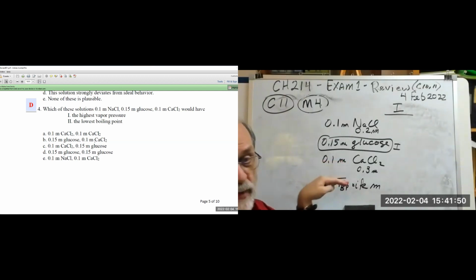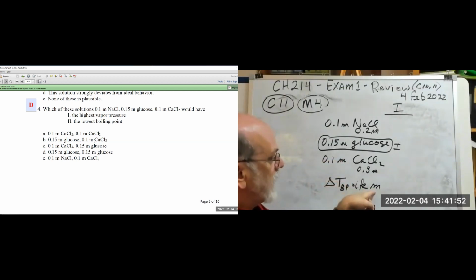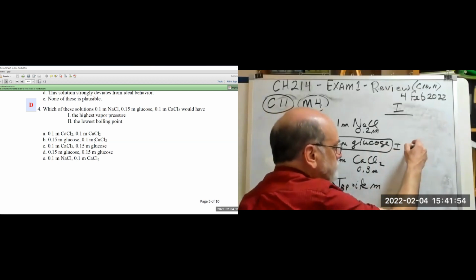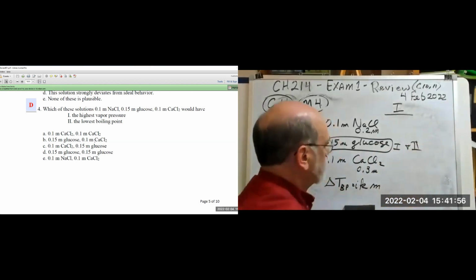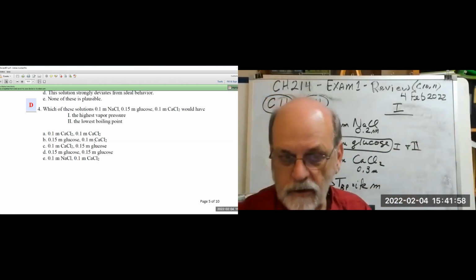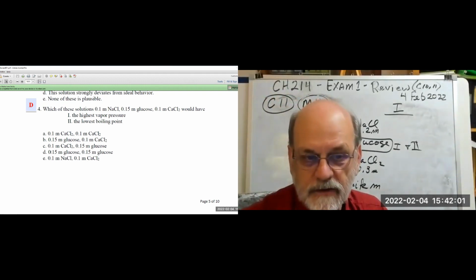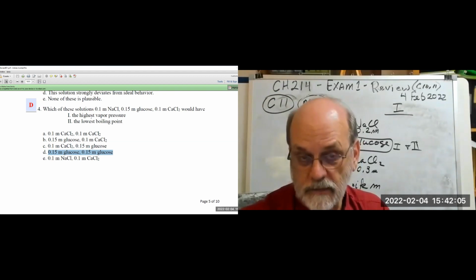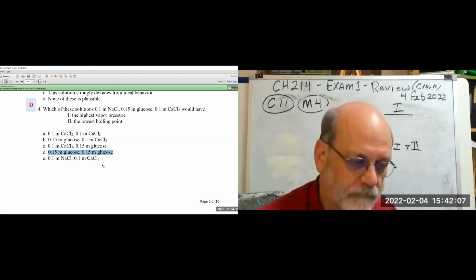So we want the lowest boiling point. That means we want the lowest molality, which is also this one. So glucose gives us the correct answer for both of those conditions.